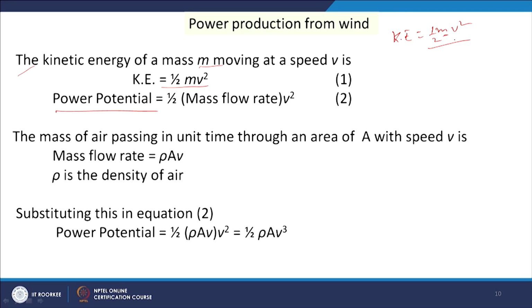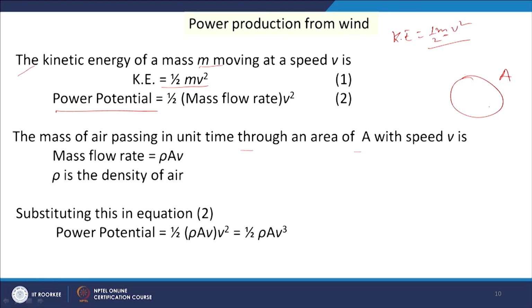Now, the mass of air passing in unit time through an area A. So, this is our area A, the cross sectional area, and wind is flowing in this direction. What will the mass be? Mass is volume into density, so volume of air into density of air.